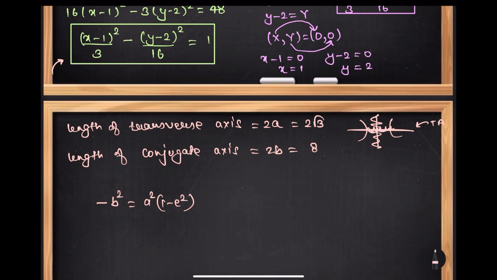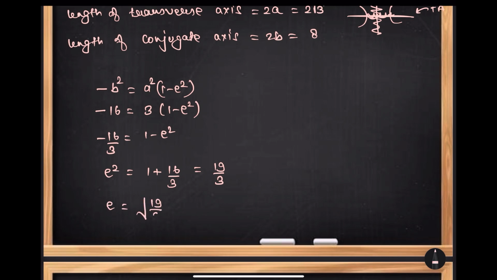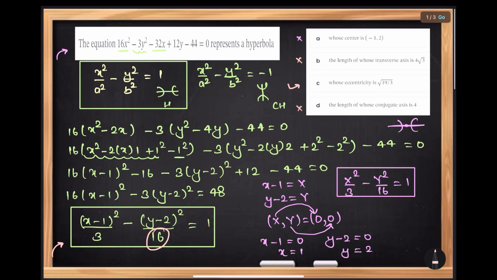Who is b square? 16. So minus 16 equals 3 times (1 minus e square). So minus 16 by 3 equals 1 minus e square. So e square will be 1 plus 16 by 3, which becomes 19 by 3. So eccentricity will be root over 19 by 3, which is in the options. So option C is the correct option.